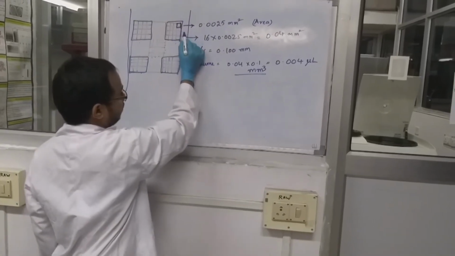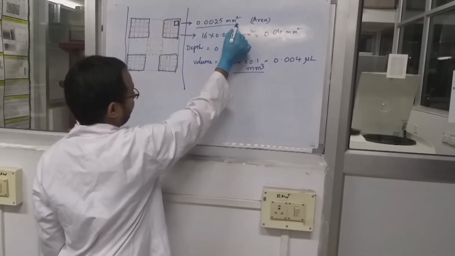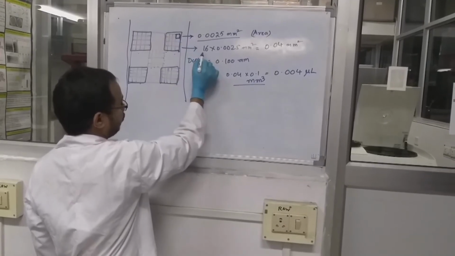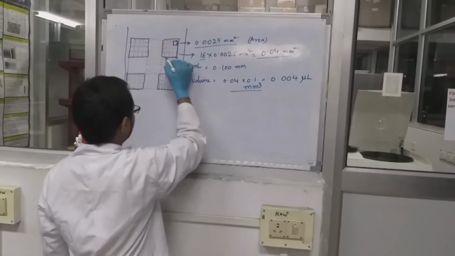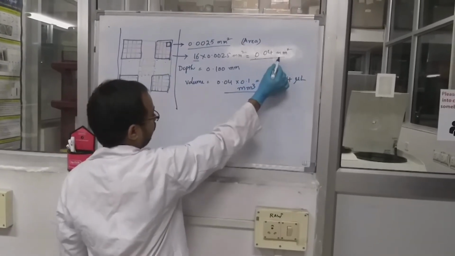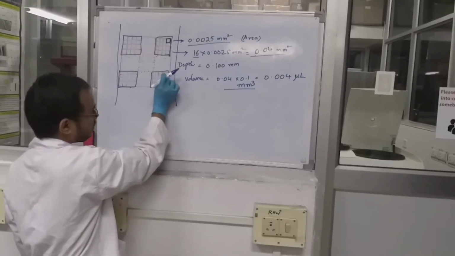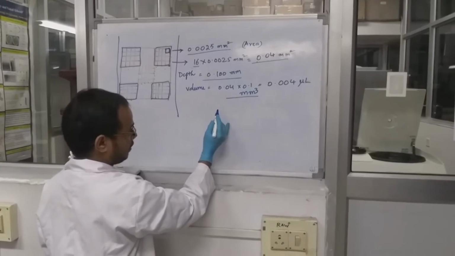Each small square has an area of 0.0025 millimeter square and there are 16 small squares in total. So the total area of this whole square is 0.04 millimeter square. The depth of each well is 0.1 millimeter.